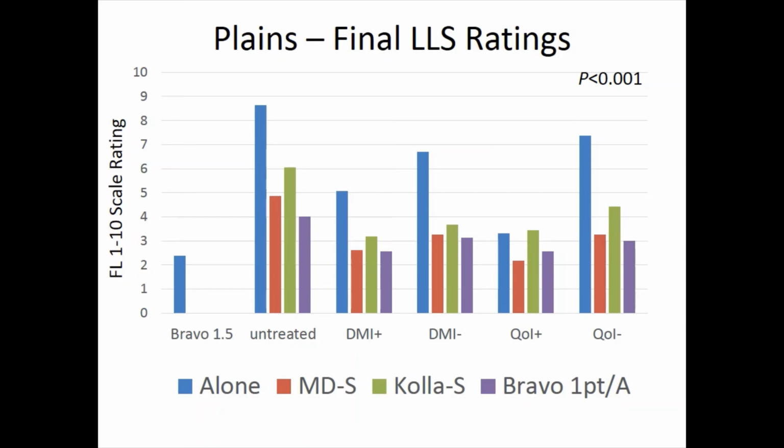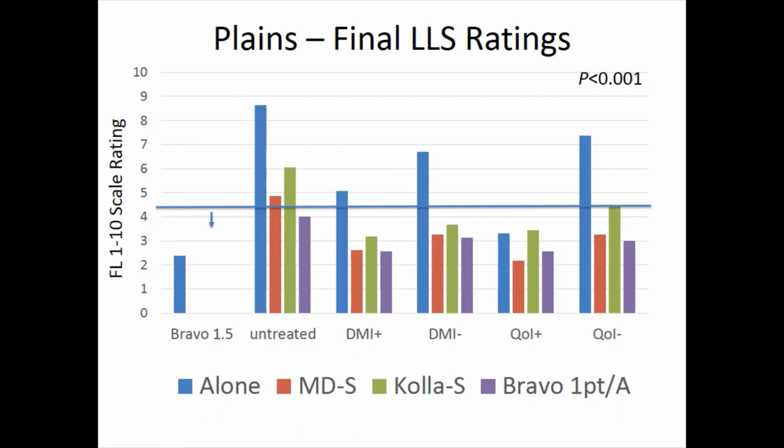There are a lot of treatments here, so the way I'm going to show you this is I'm going to give you a line. Everything below this line is statistically similar to each other. For example, all of the low rate Bravo mixtures were statistically similar to our full-strength Bravo 7 spray program.